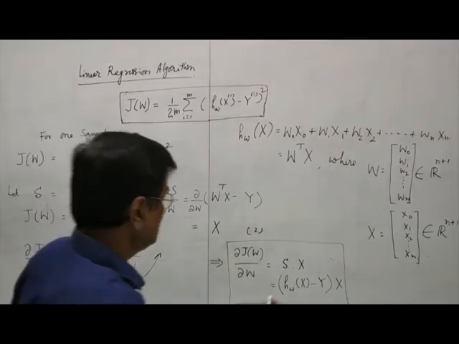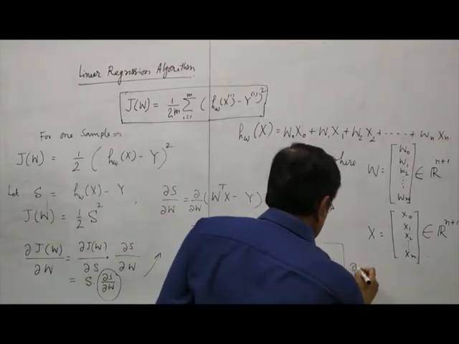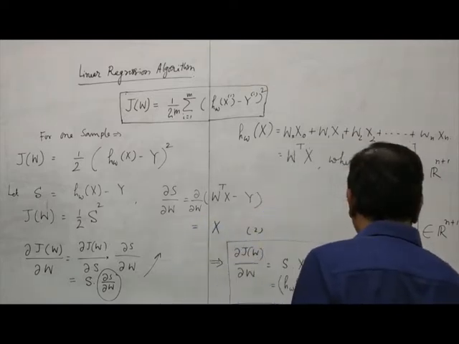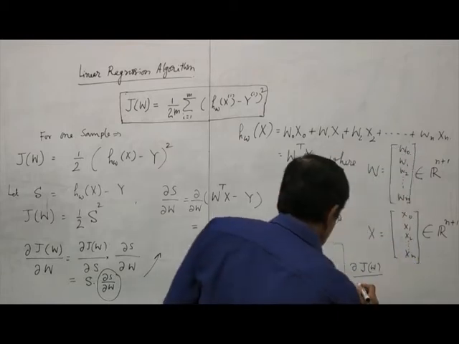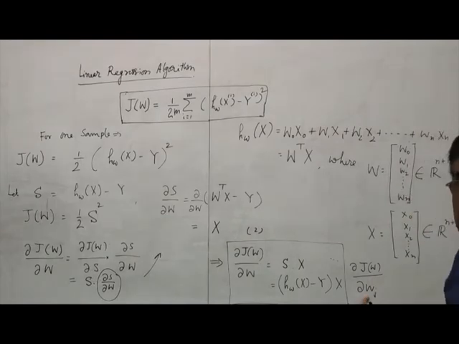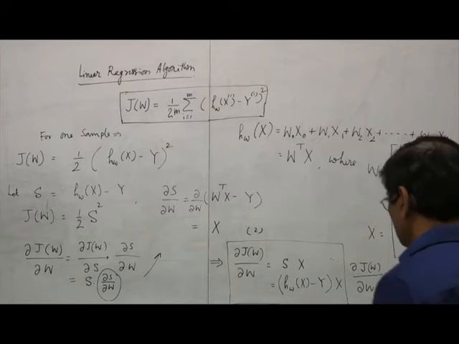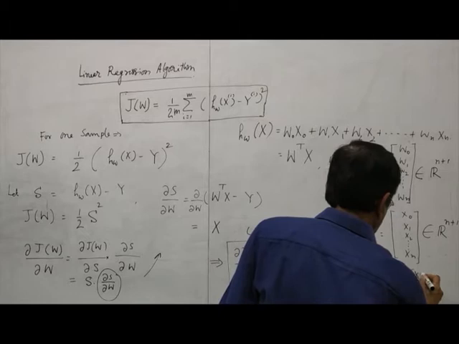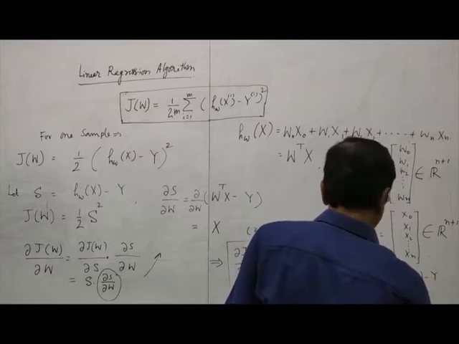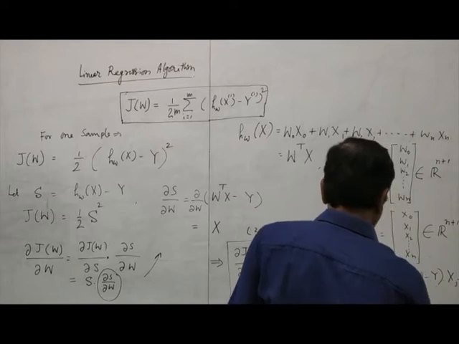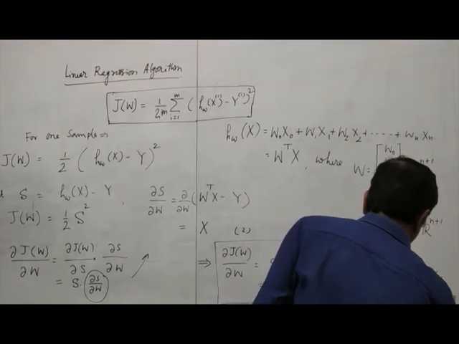Now you can write it for a single parameter, say Wj, that is the Wj attached with the feature xj. This will be (W transpose x minus y) times xj, and so on and so forth.